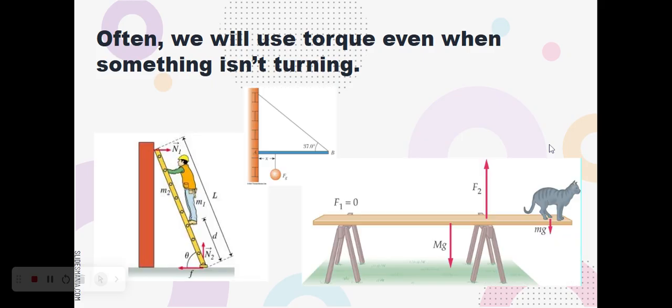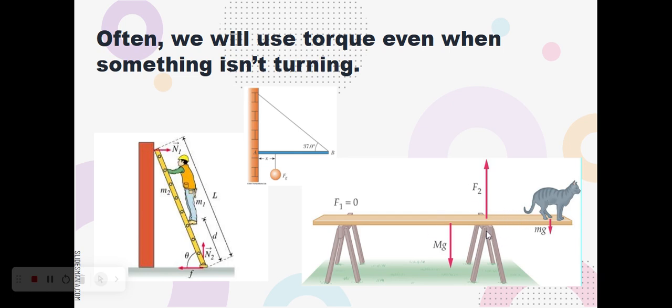Okay, so we are going to use torque on a lot of different situations. I mean, we used it on a meter stick that wasn't turning, right? So we know that we can use torque when it's not turning. We can also use it on things like a ladder that's leaning up against a wall, or a beam that's attached to the wall here with a string. Even this cat here on this piece of wood. If the cat takes one more step, this thing can rotate, right?